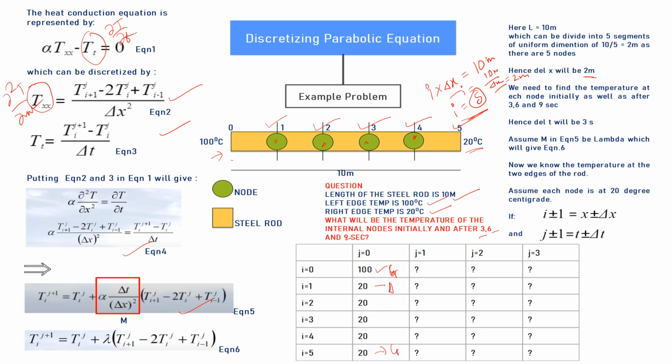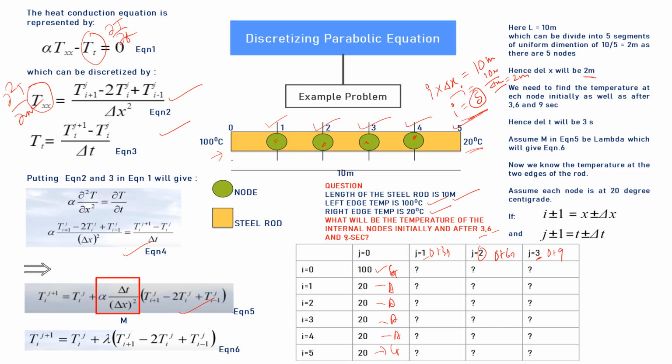But all these we have assumed, right? And we have to know what will be the temperature at those nodes after a first time increment. This is actually 0 plus 3 seconds. After the second time increment, 0 plus 6 seconds, and after the third increment, 0 plus 9 seconds.